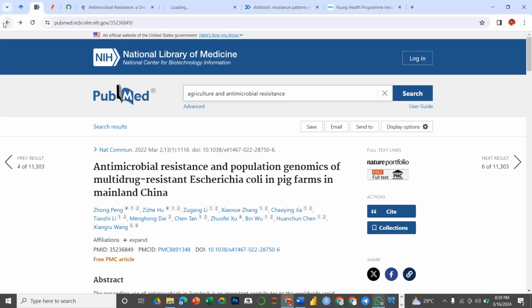So now, for example, look at this search I did. It gave me 11,303 results, for example. And of course, this is not everything. I don't need everything that is here. If I look at a topic, for example, antimicrobial resistance and population genomics of multi-drug resistant Escherichia coli in pig farms in mainland China, this might be important to my work and it might not be.